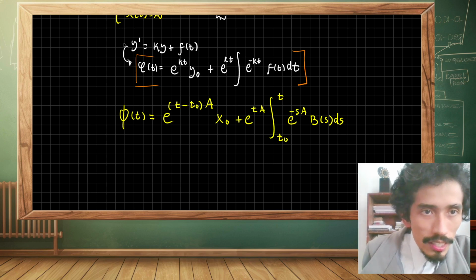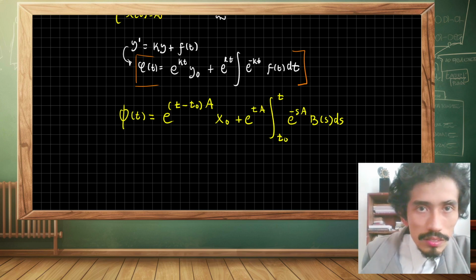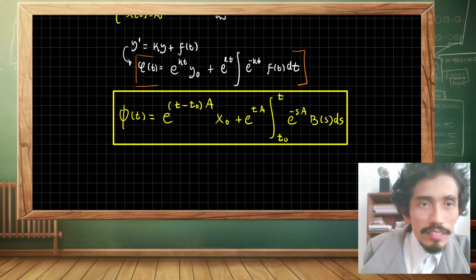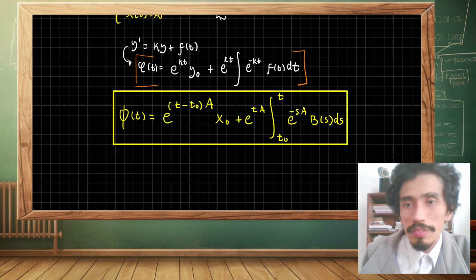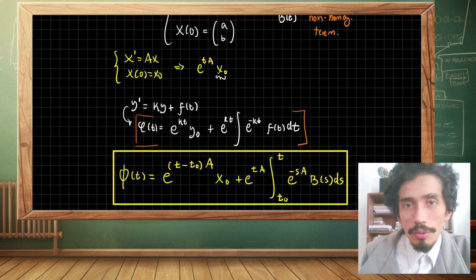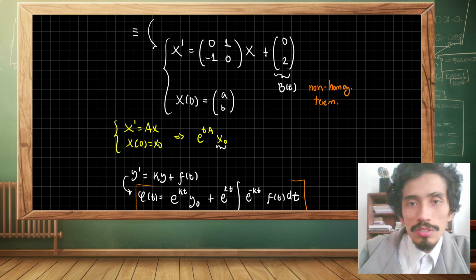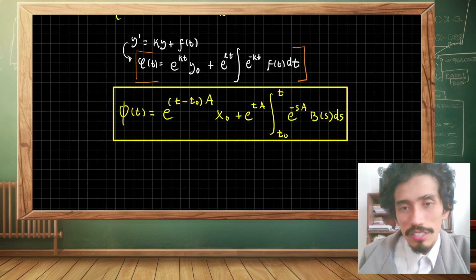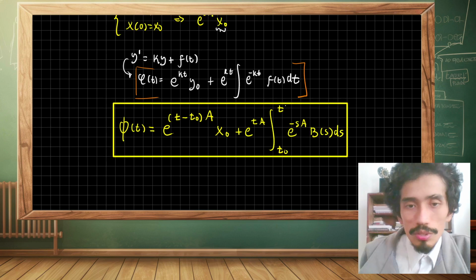Let me highlight this. So this is the formula that you need to keep in mind. In our problem, you know that this is A, this is B. Then the first step will be, of course, to calculate the exponential of this matrix.